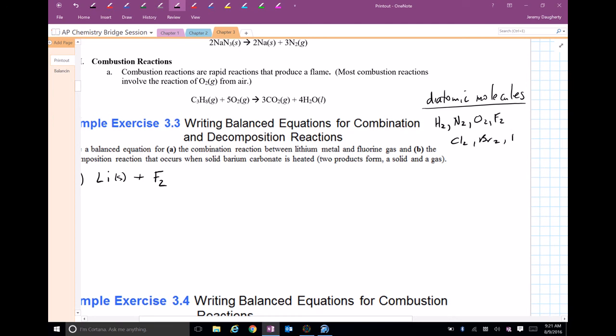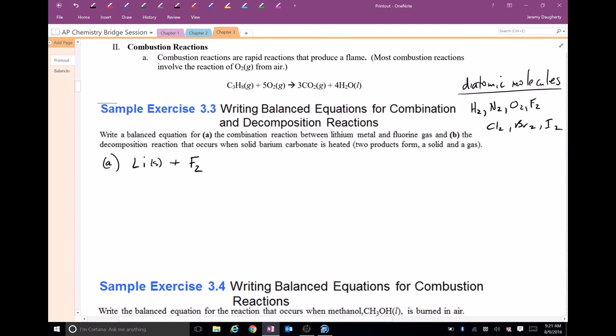Alright, so what state of matter is fluorine? Solid, liquid, gas, or aqueous? Gas. So now, this is a metal combining with a non-metal. So what type of compound is it going to form?